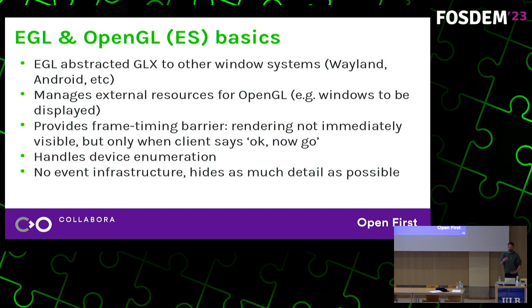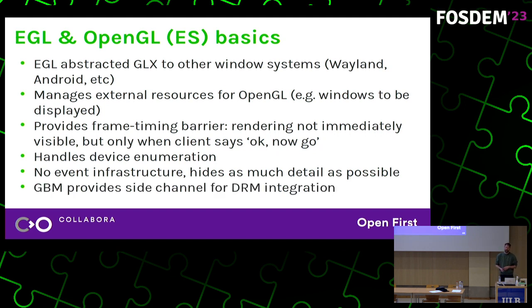So the only way you can get a consistent frame timing is if you block a lot in EGL. And it just tries to hide everything and make it implicit. Which again is where GBM comes in, because that's what lets us steal buffers away from EGL, push them into KMS for display, handle our own timing, and do it properly this time.